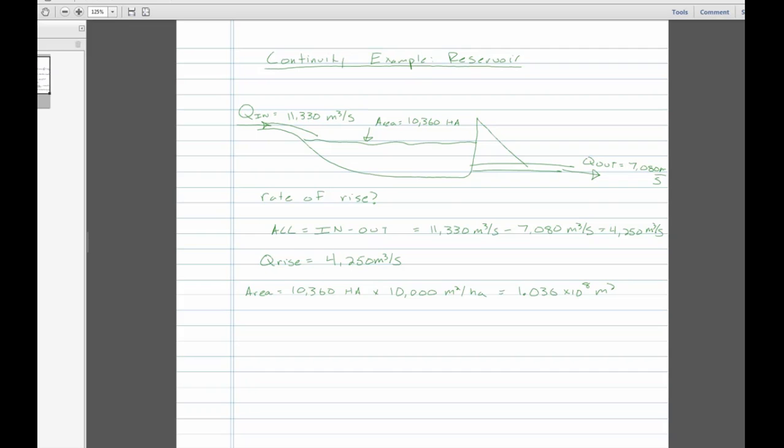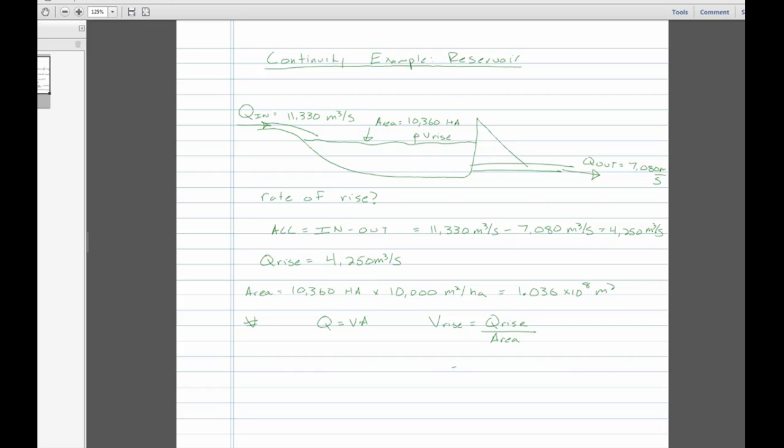If we want to find out the velocity that the water level is rising, we can do that with the following formula, which is based on Q equals VA. You've had to use that a couple of times, including in the recent lab. If we rearrange that, the velocity that the liquid level is going to rise will be the Q rise, which was the net accumulation of liquid in the reservoir, divided by the area of the reservoir.